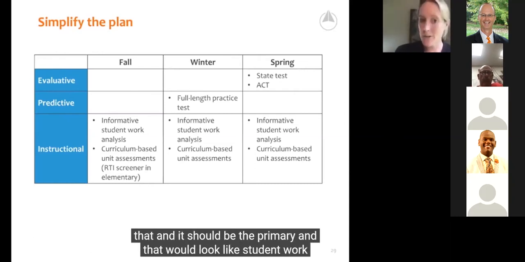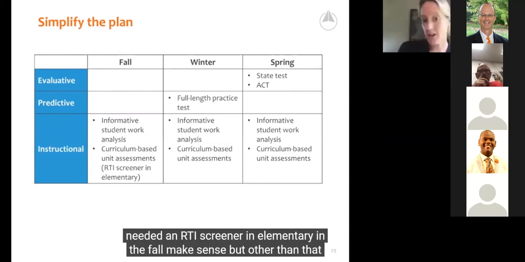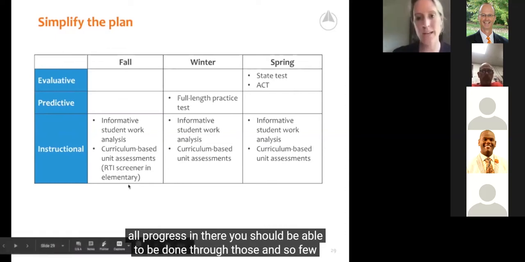But other than that, this should be the priority. And that would look like student work analysis based on curriculum-based assessments throughout the year. If needed, an RTI screener in elementary in the fall makes sense. But other than that, all progress monitoring should be able to be done through those assessments.